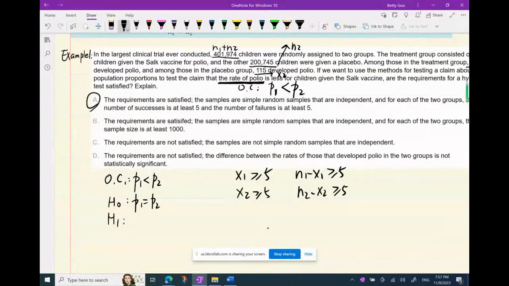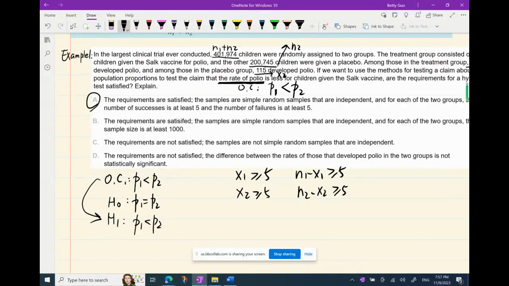And what about the alternative? Same as the previous chapter. The original claim is either the same as the null or the same as the alternative. Since in this case the original claim is different from the null, the original claim must be the same as the alternative. So the alternative here is P1 less than P2. Anyone can tell me what type of test this is?